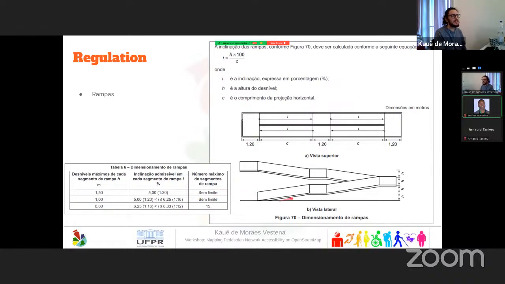Because even though a ramp has an accessible slope, one going with manual propulsion couldn't go on forever in that ramp. So you need to have some sections for resting, so you won't end up in danger or too tired.